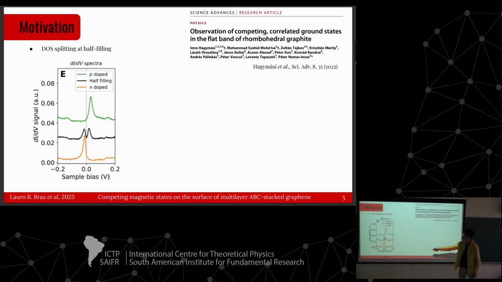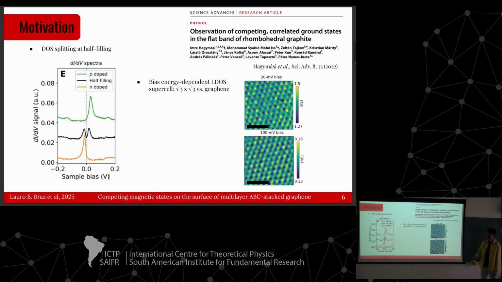In the black curve, where the x-axis is frequency, there is a splitting of the energy level that should be just a Gaussian around the zero energy. This splitting happens because of the correlated states. There is a kind of self-energy splitting there, which does not happen at finite doping.